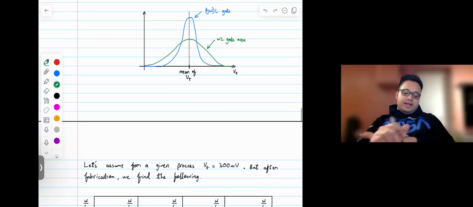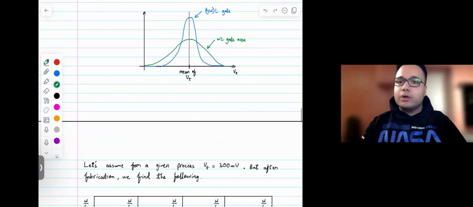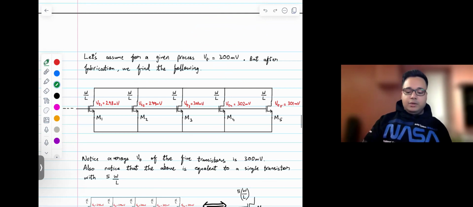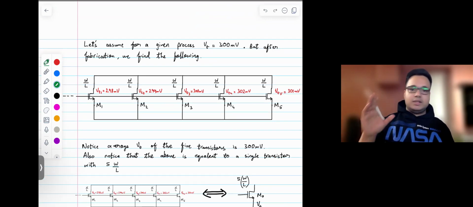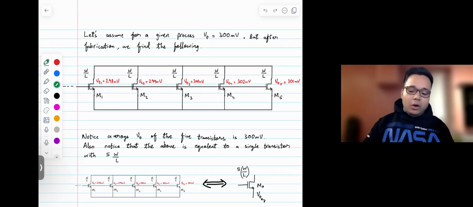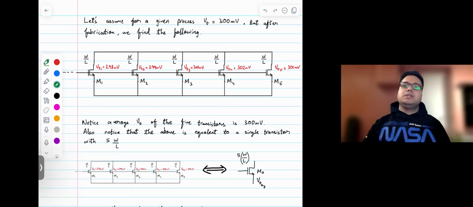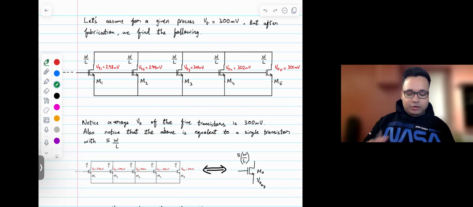All right, so next we are going to do another example. Let's assume for this example that the threshold voltage for a particular process, for a particular biasing condition, is 300 millivolts. After fabrication, you have these 5 transistors, M1 to M5, as shown here.